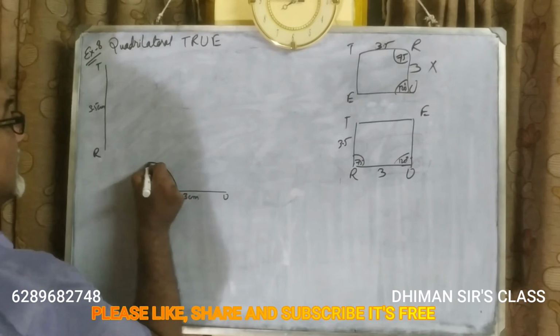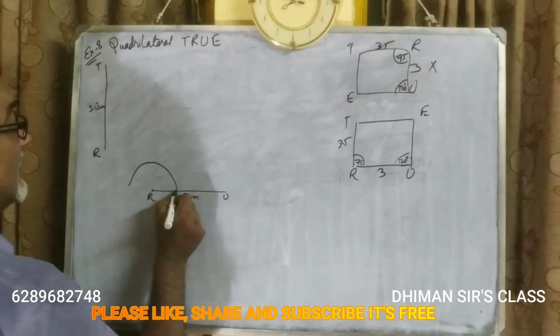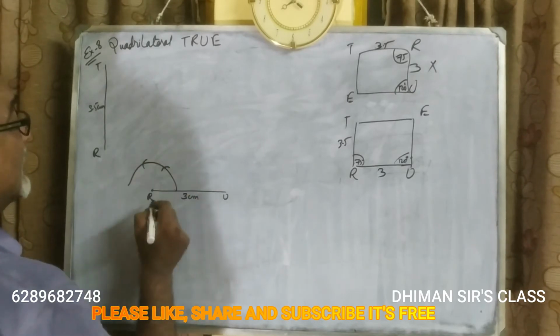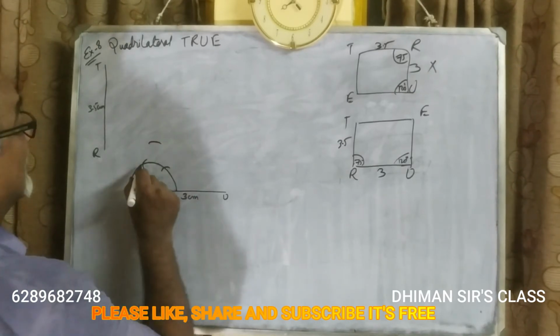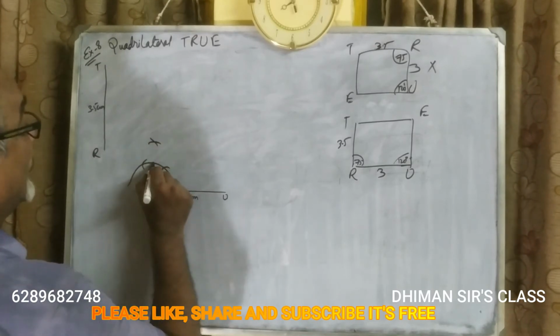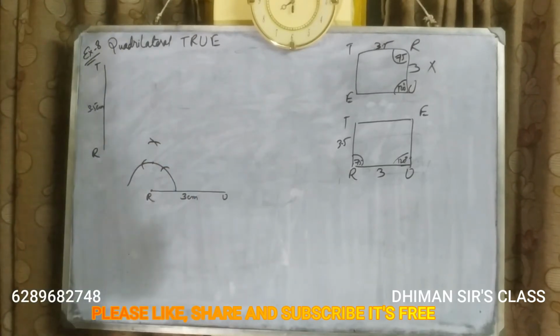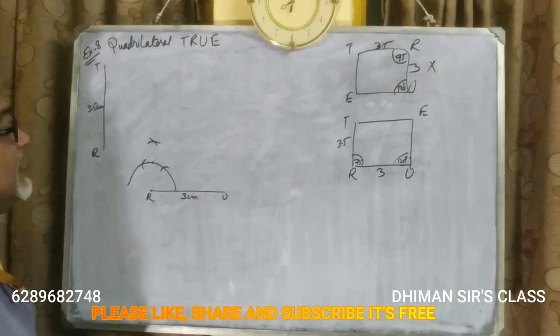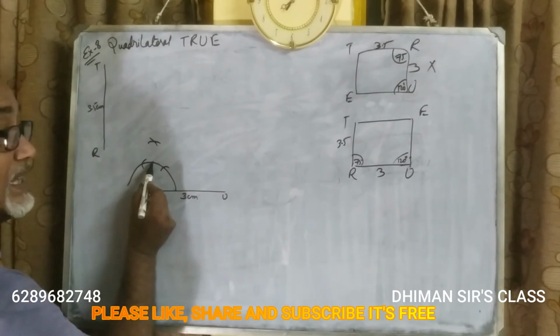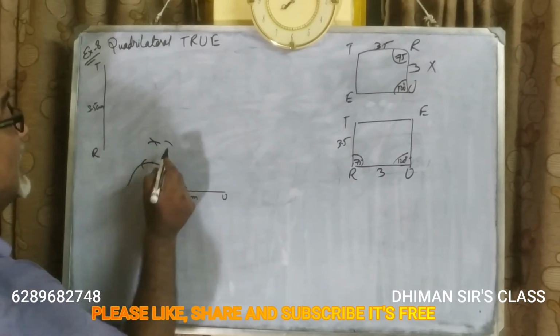Any measurement, draw an arc. With the same measurement, draw an arc. Put the needle here, draw an arc, and an arc here. Now put the needle here, draw an arc here. And with the help of your scale, take this point, because 75 degree is asked, not 90 degree, so we will not draw the line of 90 degree. Now with the same arc, same measurement, an arc here.